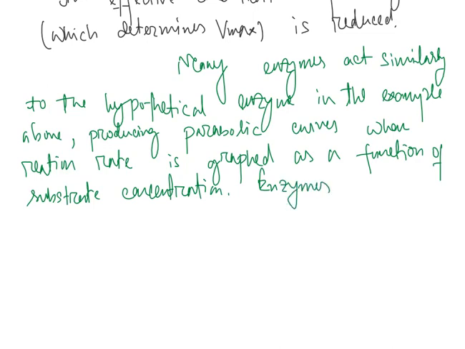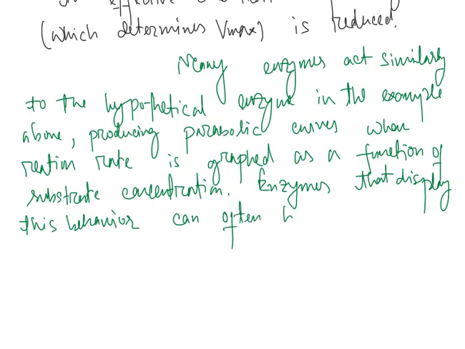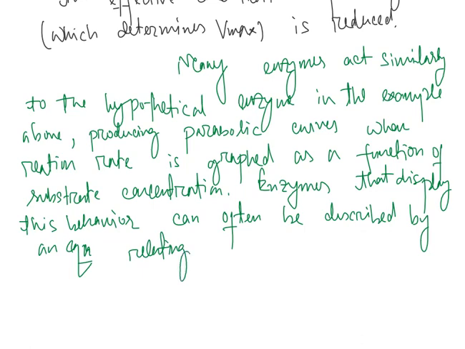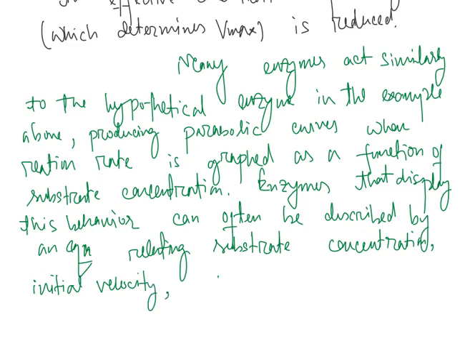Enzymes that display this behavior can often be described by an equation relating substrate concentration, initial velocity, Km and Vmax, known as the Michaelis-Menten equation.